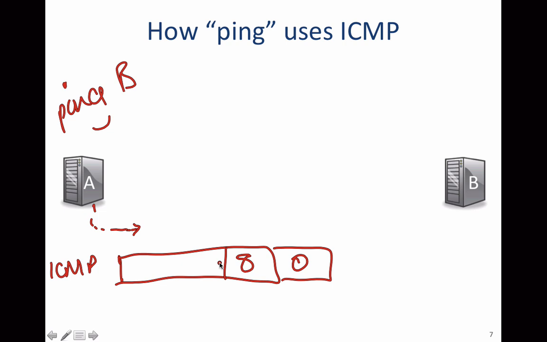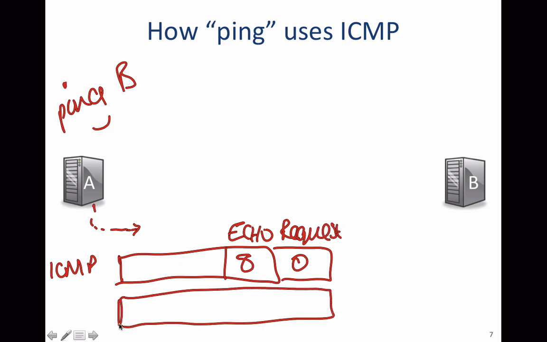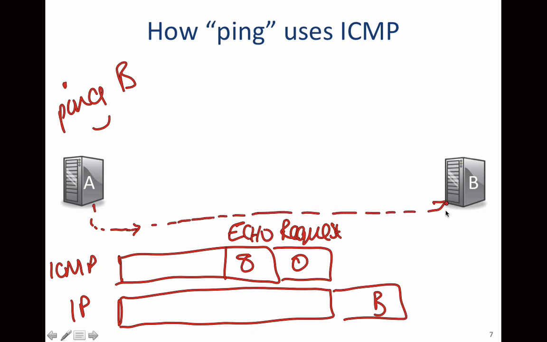And if you look on the table before, that's actually an echo request. And then that gets encapsulated at A into an IP datagram. So this is my IP datagram, and it's going to go off to B. As this goes through the network, it's going to go across to B, we hope. Eventually it'll reach B. And then B is going to see this.